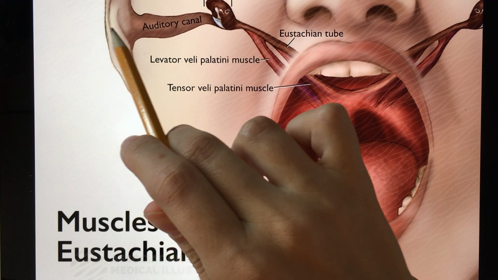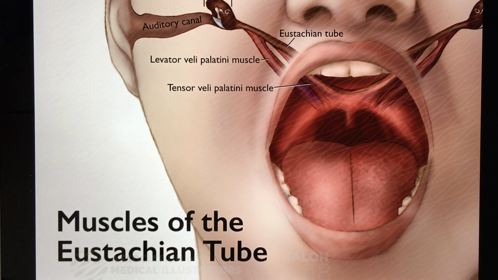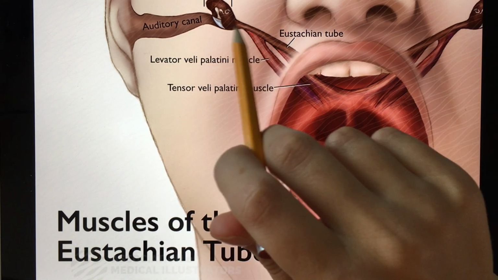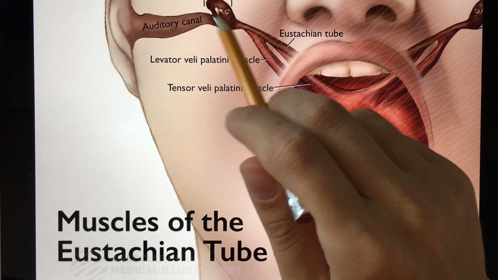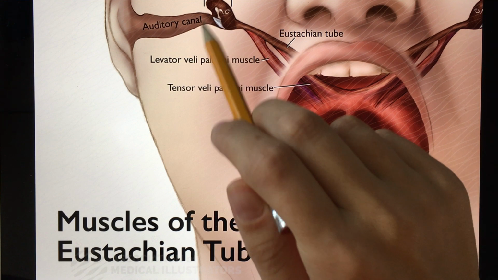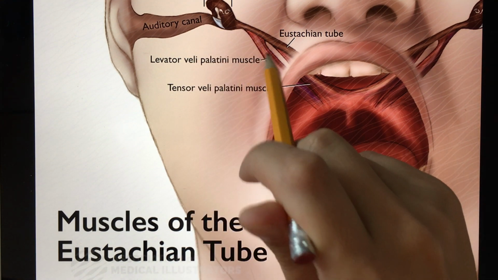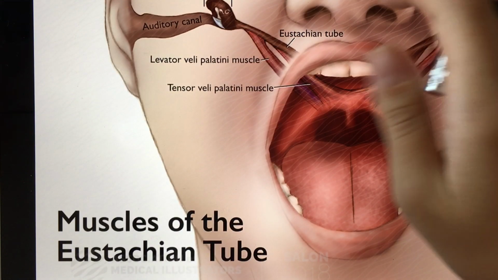So when the pressure outside of the ear changes, for example, when we're going up in elevation and the pressure is getting lower, the eustachian tube can open up a little bit more and let some air inside to equalize the pressure between the two sides of the eardrum and help us hear better. These muscles also help to muffle the sound of chewing. So as we're chewing, it doesn't sound too loud.